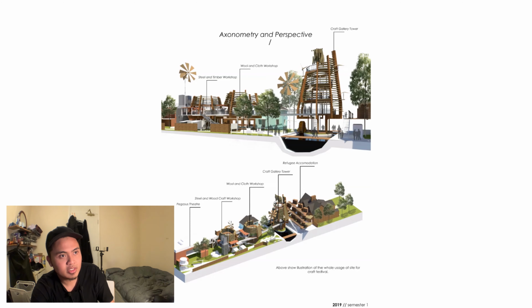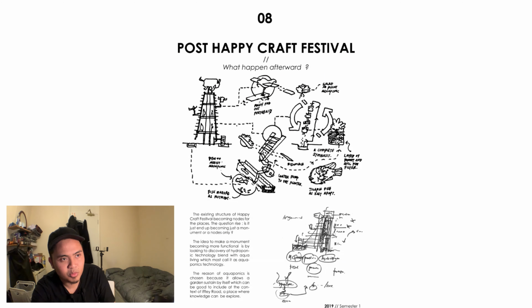After the carnival, I had a thought about what is going to happen to the project. So by converting the display landmark nodes with aquaponics. Aquaponics is actually a combination of aqua, animal, and also farm.